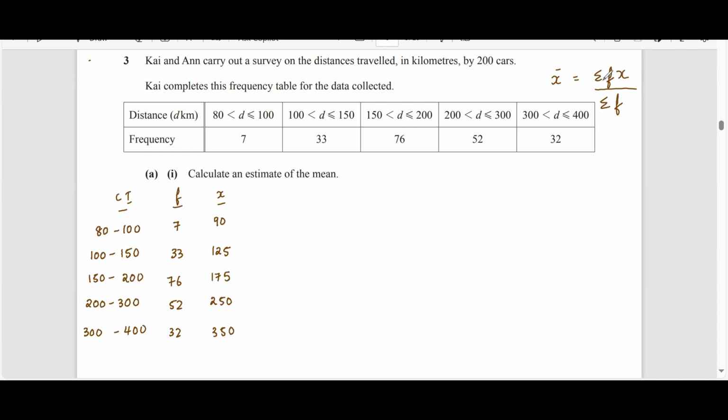Now, for the numerator we need summation of fx, or sigma fx. So we need to multiply f with x.